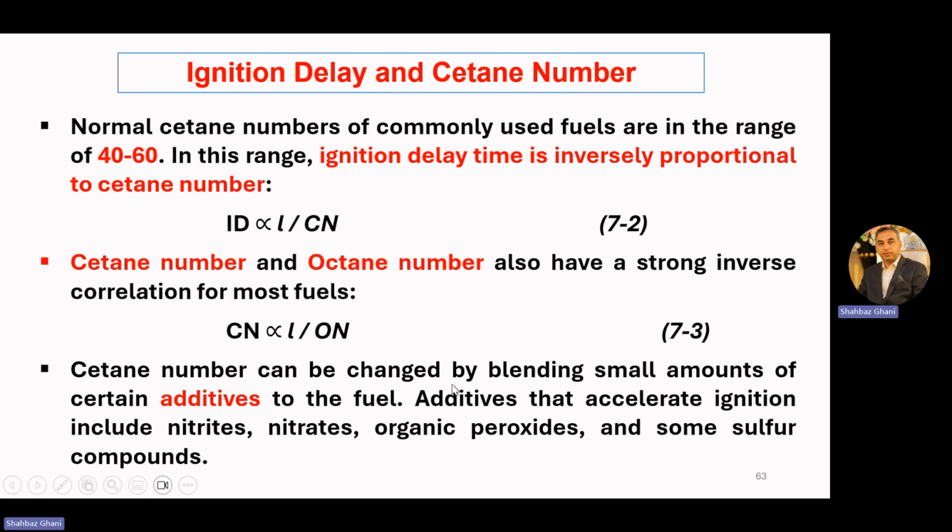Cetane number can be changed by blending small amounts of certain additives into the fuel. Additives that accelerate ignition include nitrites, nitrates, organic peroxides, and some sulfur compounds.